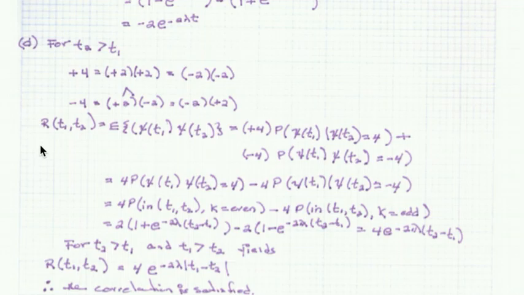The autocorrelation of T1, T2, which is equal to the product of the variables at points T1, X(T1) times X(T2), is basically equal to 4 times the probability of X(T1) times X(T2) equal to 4 plus a -4 times the corresponding probability.